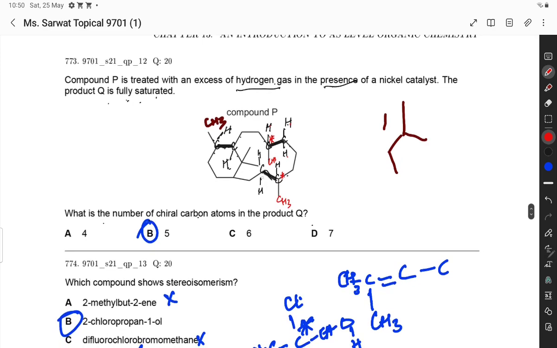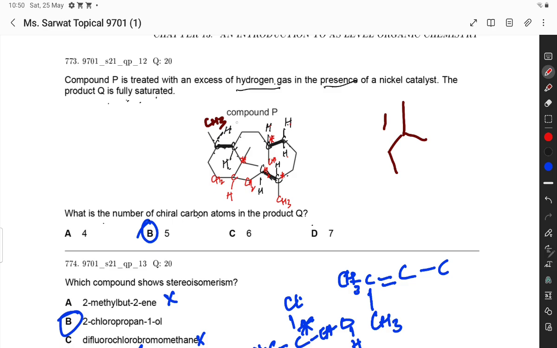So this carbon, no, this is CH2, not a chiral carbon. This is a chiral carbon, and 1, 2, this is CH, this is CH2, this is CH2.